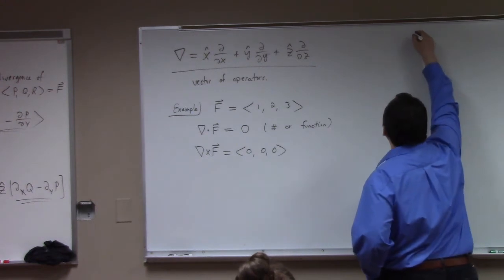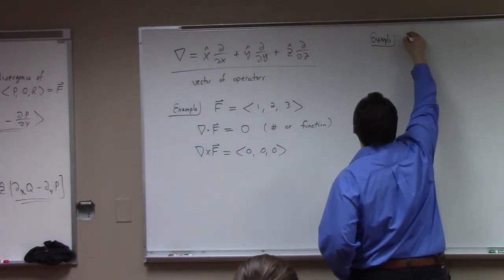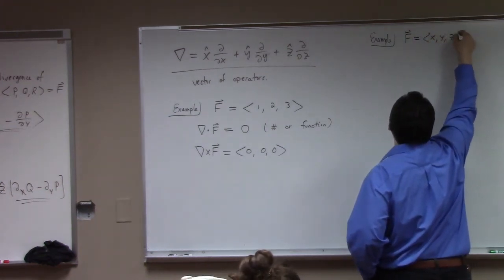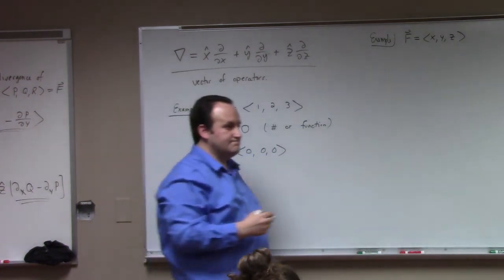How about, what if we do my nice vector field, the x, y, z vector field? What's the divergence of this vector field?